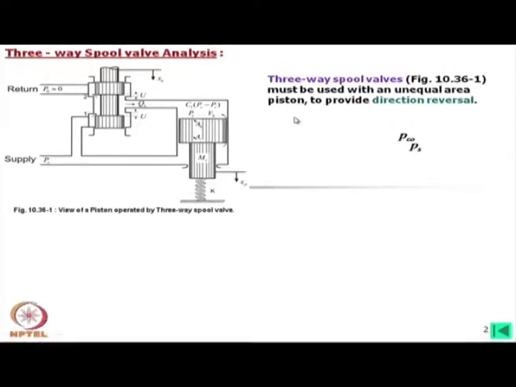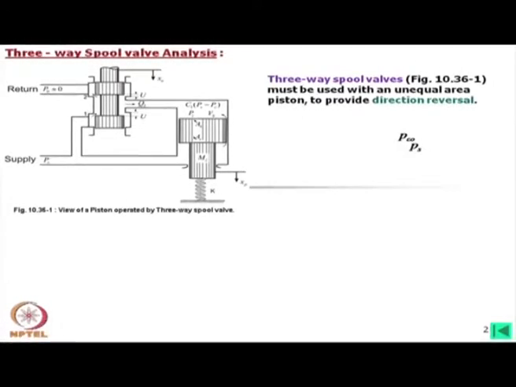but four-way valves are normally used for motion control, that is we control the velocity, we control the position, we control also pressure there. In that case, normally the direction reversals are not frequent.